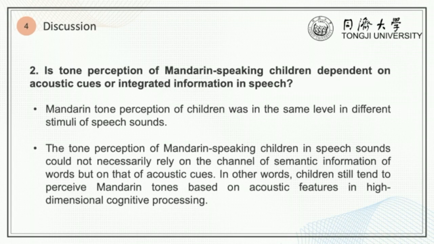So the experimental results show that basically the tone perception of Mandarin-speaking children in speech sounds could not necessarily rely on the channel of semantic information of words, but on that of acoustic cues. In other words, children still tend to perceive Mandarin tones based on acoustic features in high-dimensional cognitive processing.